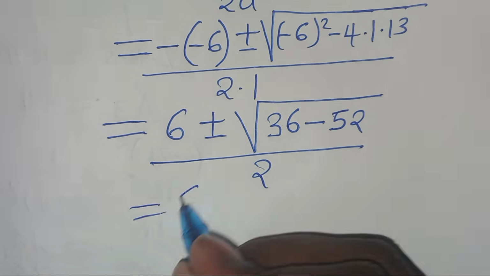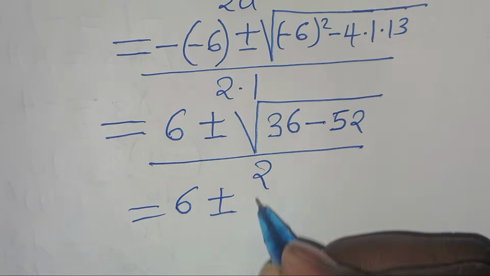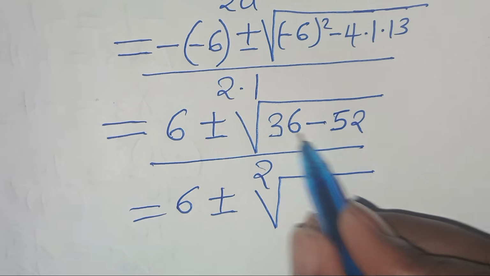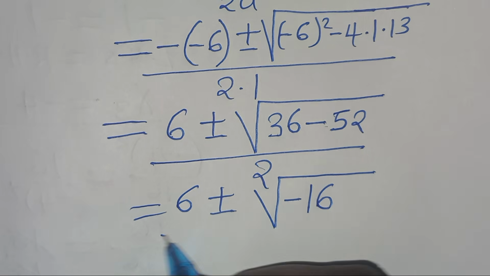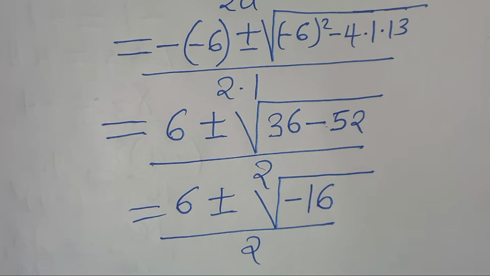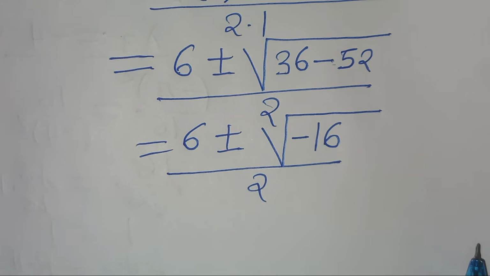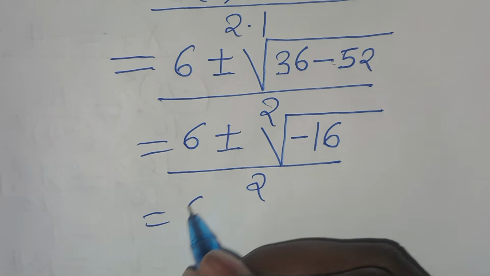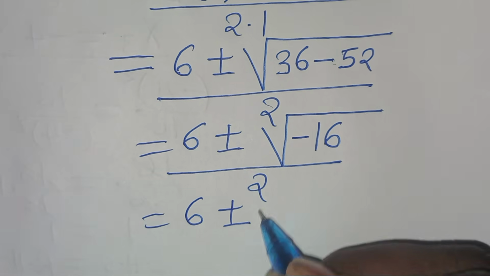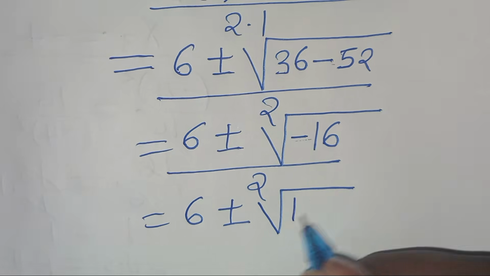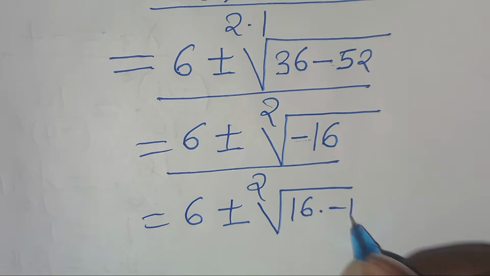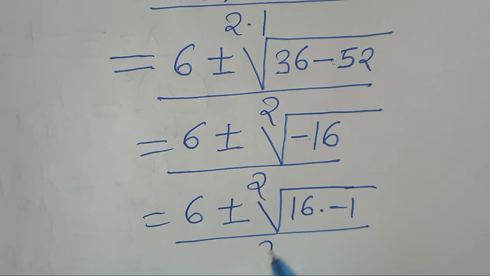So this is equal to 6 plus or minus the square root of 36 minus 52, which is negative 16, divided by 2. The next step is that we have 6 plus or minus the square root of negative 16, which we can express as 16 multiplied by negative 1, divided by 2.